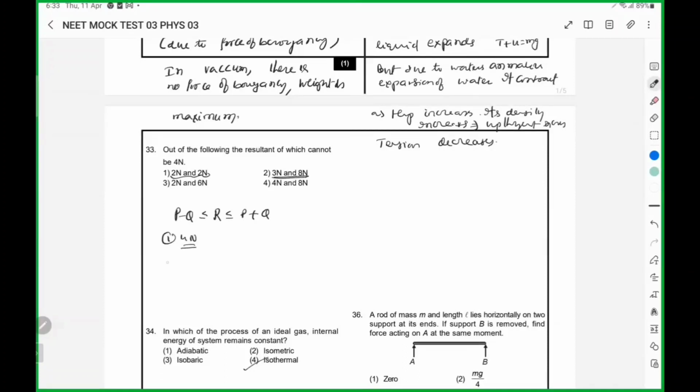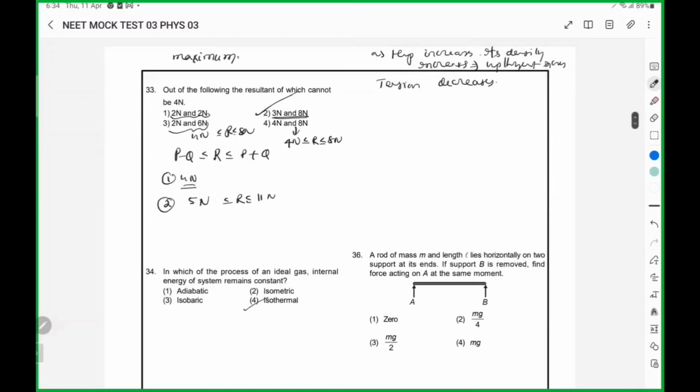In the second case, minimum is 5, maximum is 11, so 4 newtons is not possible. Here, if you take minimum 4, maximum 8, it is also possible. Here you take the difference 4 newtons, maximum 8 newtons. The first, third, and fourth cases are possible. In the second case, it is not possible.